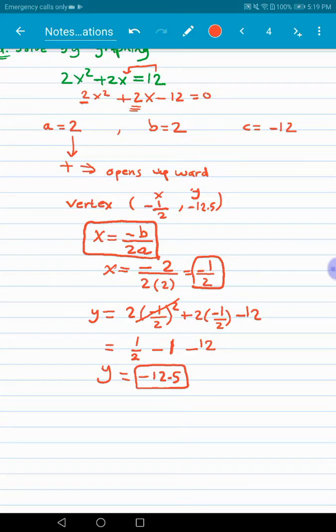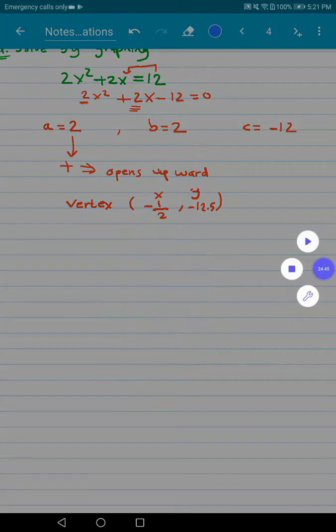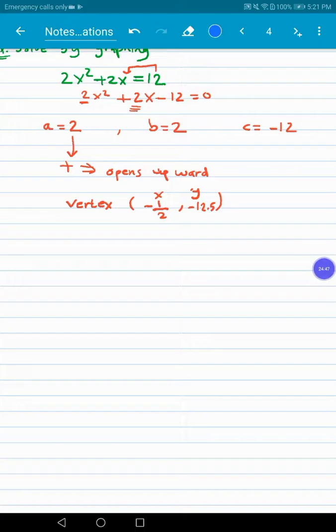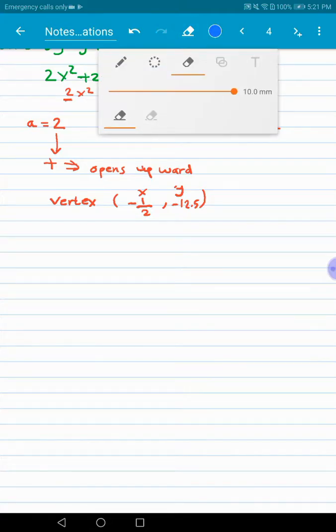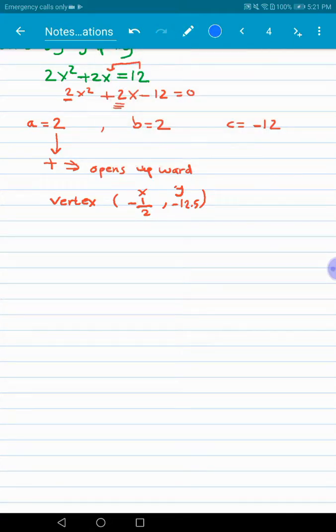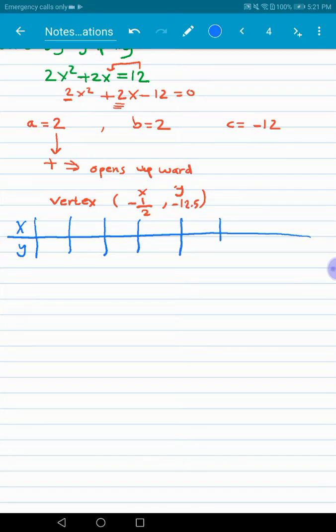Now we need to make a table of values for x and y that contains some positive values and some negative values. We choose 3 numbers before the vertex, 3 numbers after the vertex.